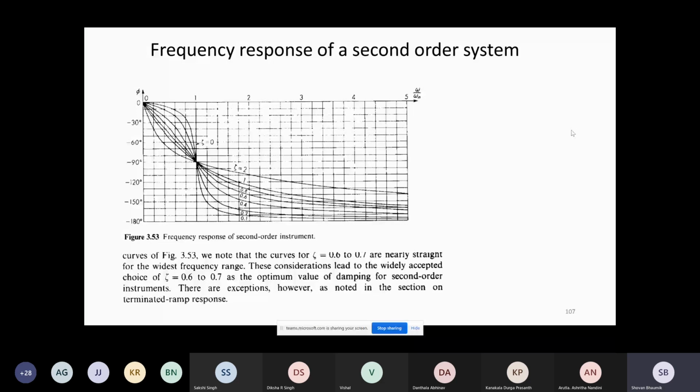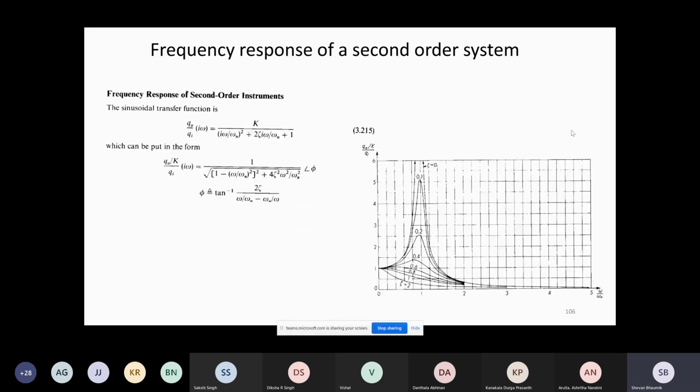So this much we discussed in our last class. Now there is some problem with these two figures. The first problem is that here nothing is in log scale. But you know, if you want to transform any arbitrary signal into its Fourier series, you will see it consists of many sinusoids.